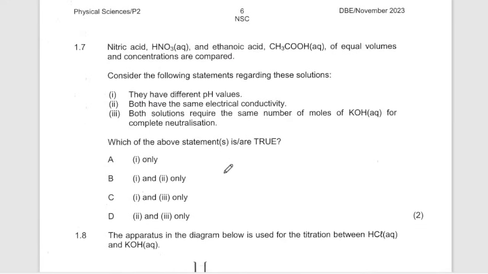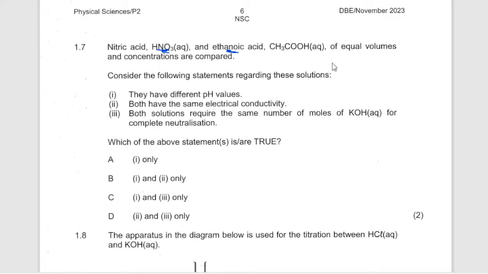So 1.7, nitric acid and ethanoic acid. Yes, what happens? Nitric acid and ethanoic acid of equal volume and concentration are compared, meaning that you have nitric acid, you have ethanoic acid.